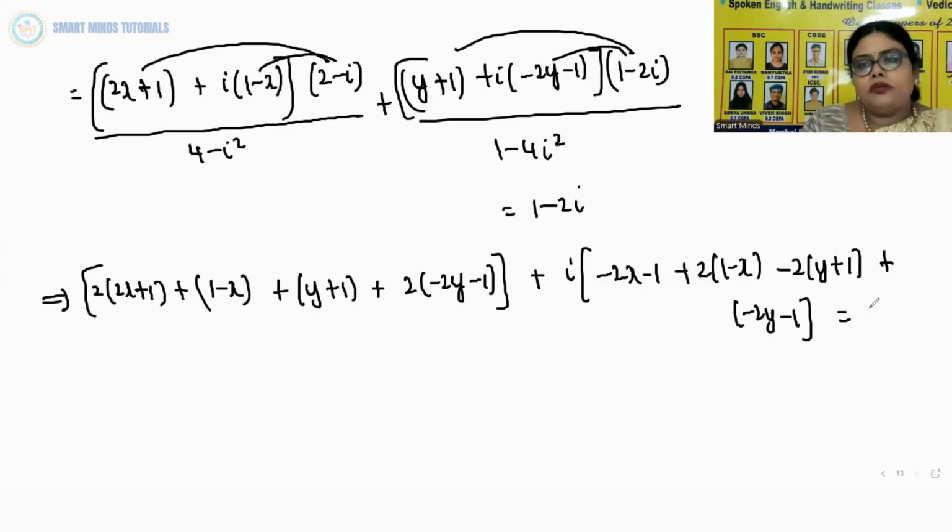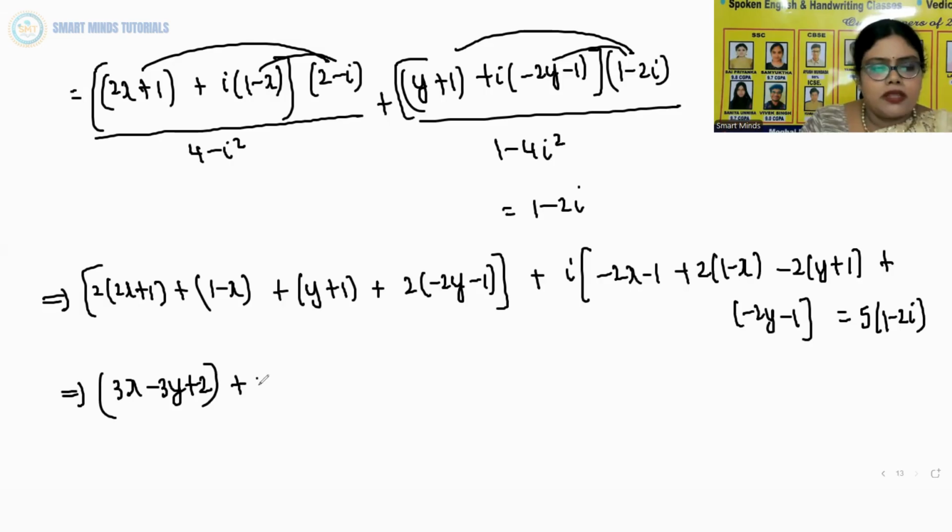That is equal to, we are cross multiplying. Now denominators will become 5 because 4 minus of minus 1, as i square is minus 1. So that is 5 into (1 minus 2i). So if you solve this, you will get 3x minus 3y plus 2. Open the brackets and separate real and imaginary parts. Plus i into (minus 4x minus 4y minus 2) equals 5 minus 10i.